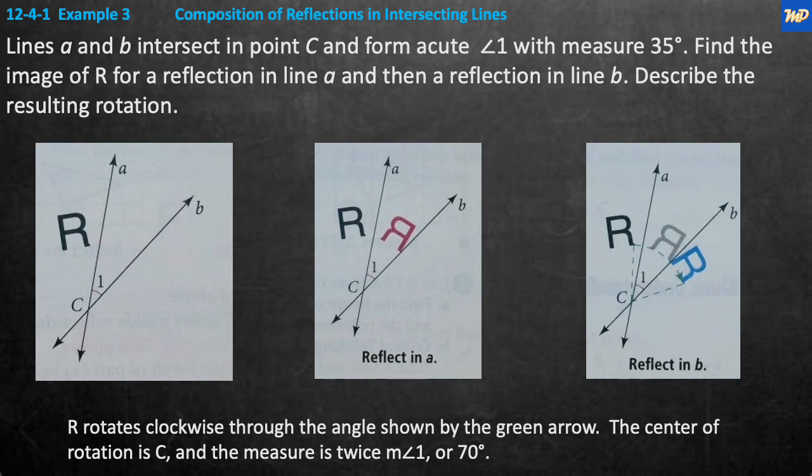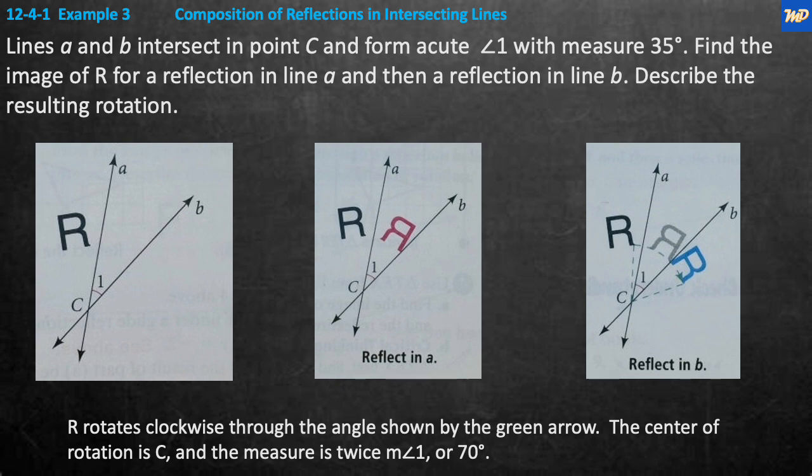Okay, so example 3, it's composition of reflections in intersecting lines. It says the lines A and B intersect in point C and form acute angle 1, with measurement of 35 degrees. Find the image of R for a reflection in line A and then a reflection in line B. Describe the resulting rotation.